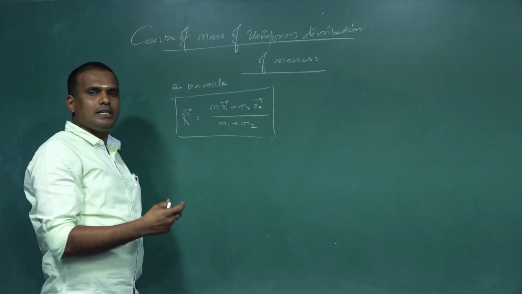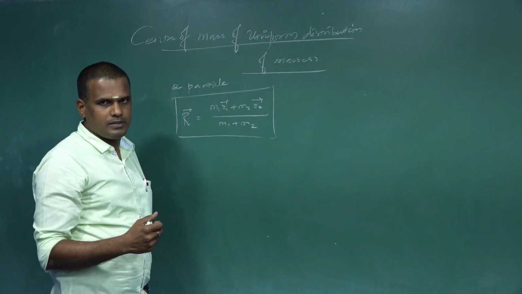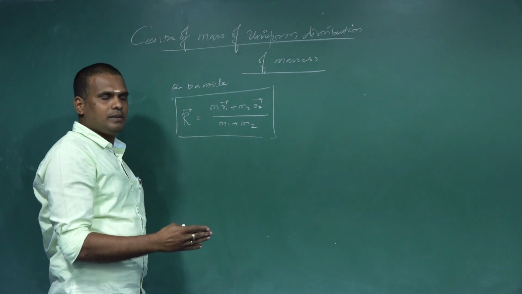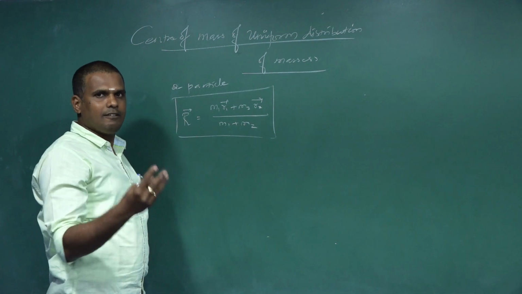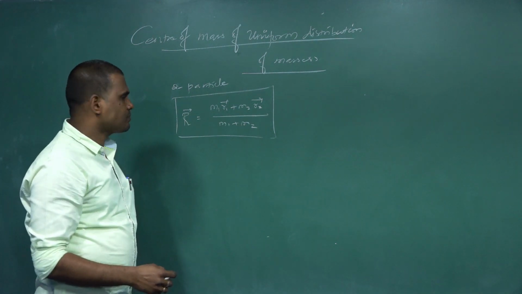The same expression is applicable for a system containing n number of particles. So we can use this expression in a more generalized way to describe the center of mass of a system consisting of n number of particles.